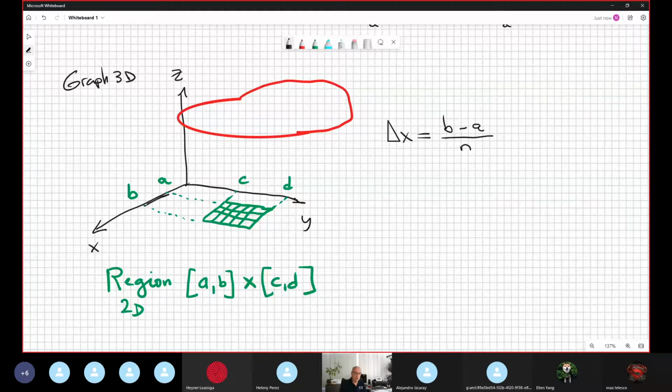But we have delta y, which is d minus c divided by n, because it's not necessarily the same number of partitions on each axis. This is the beauty. Now, if you take one arbitrary rectangle here and you evaluate in the function, you get the function value. By the way, I forgot to say this function is z equal f of x comma y.